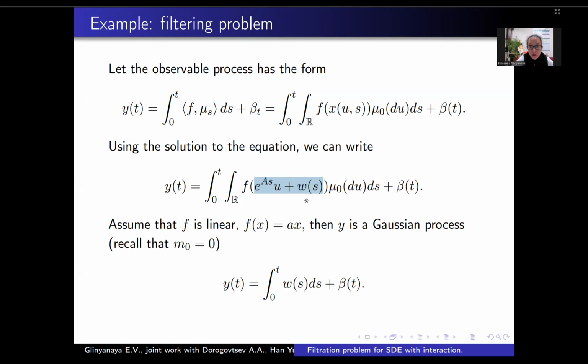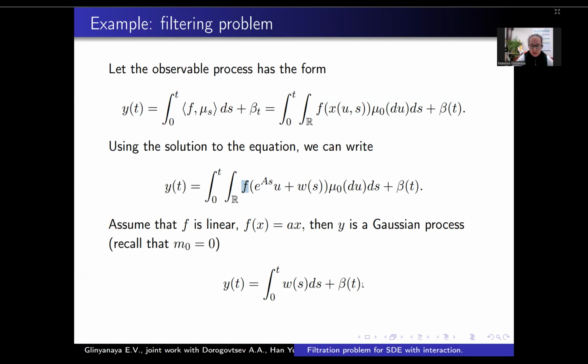So when we have this solution and f is linear, recall that the initial center of mass is equal to 0. When you integrate u with respect to μ0, you will have 0. And here, integrating w, we just have the integral of a Wiener process plus an independent Wiener process.